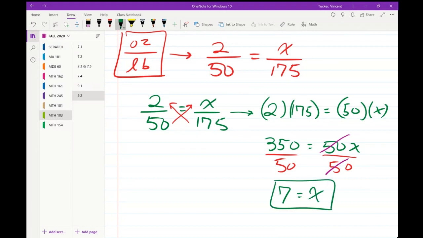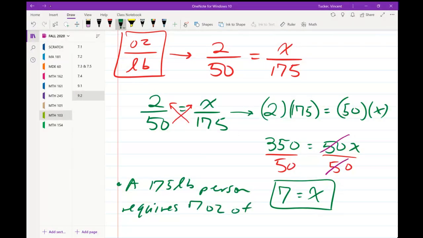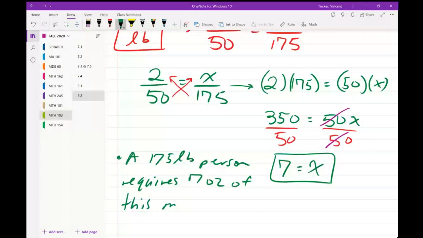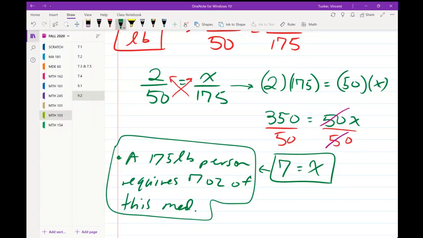We have x equals 7. So a 175-pound person requires 7 ounces of this medicine.